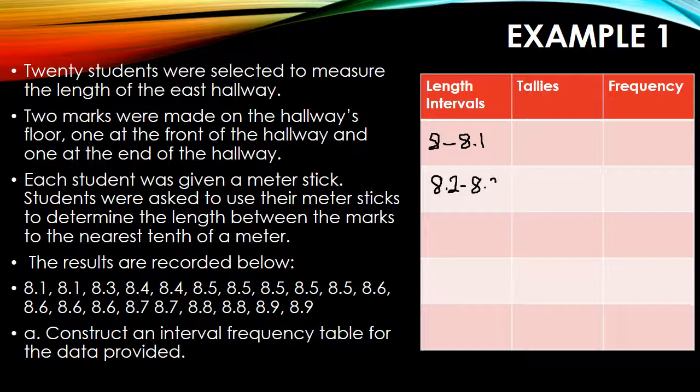These intervals are supposed to be equal in size. That means I have 2 data points here that I'm including. This interval has to have the same thing, 2 data points. And then my next interval is going to be from 8.4, because 8.4 is what comes after 8.3, to 8.5.